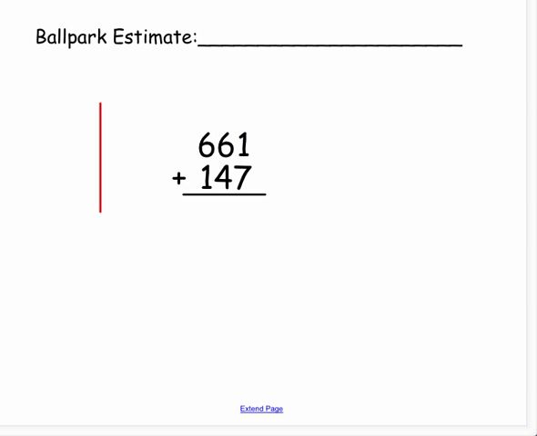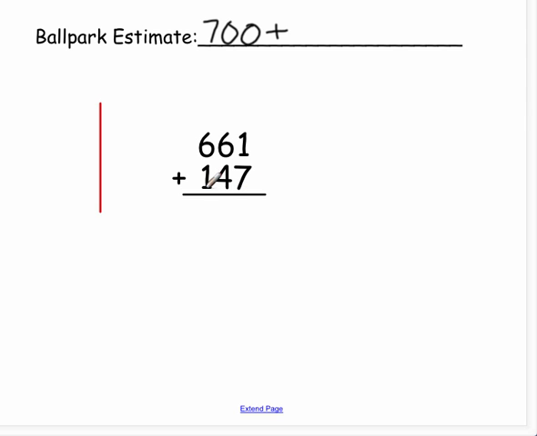Here comes another problem. We're first going to start with our ballpark estimate. I'm going to go to the closest hundreds again. To do that, I'm going to look at the tens. This number is higher than 5, it's a 6, so the hundreds digit is going to go up 1 to 7, and the other two digits turn into zeros. So 700 plus, now I'm going to look at my bottom number, 147.